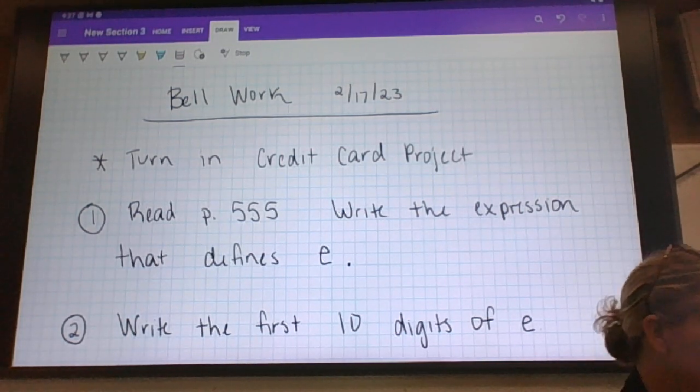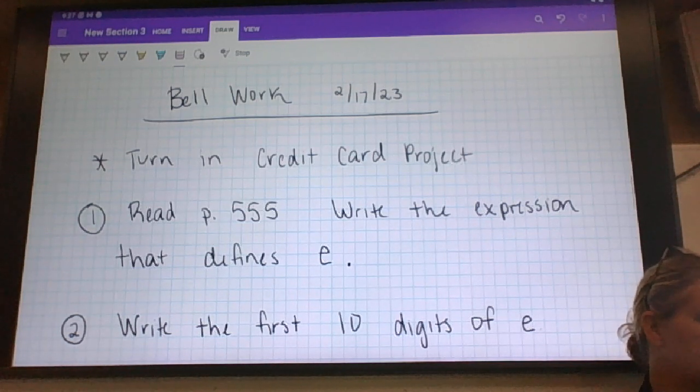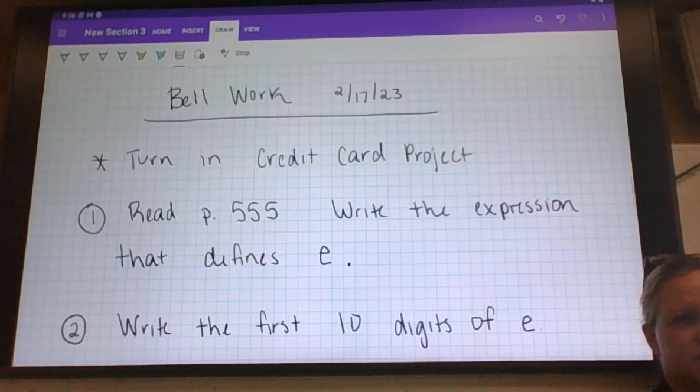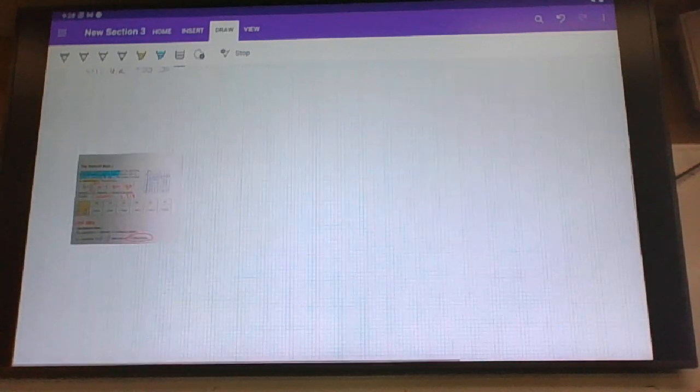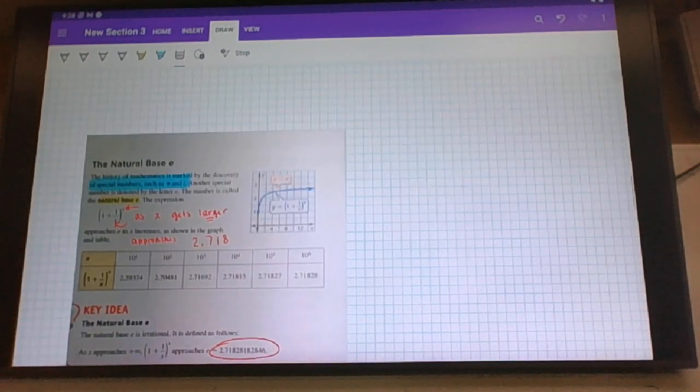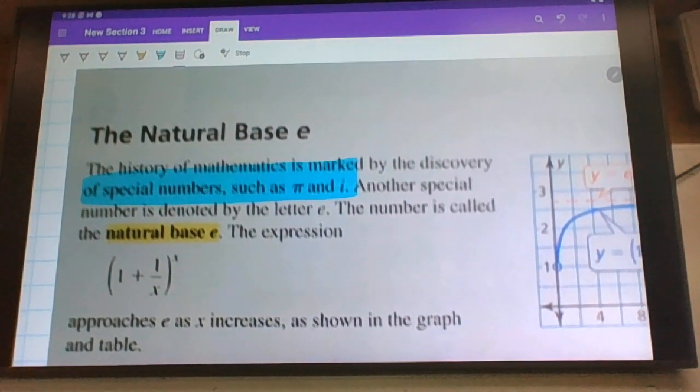All right, guys. So E is E. What does it say? What does it compare E to? What does it say that E is like when you read page 555? What is E? Let's say it's a special number.